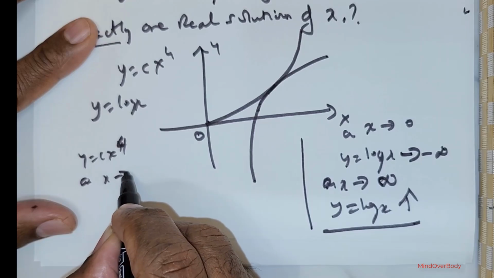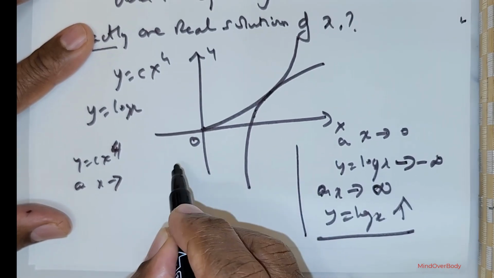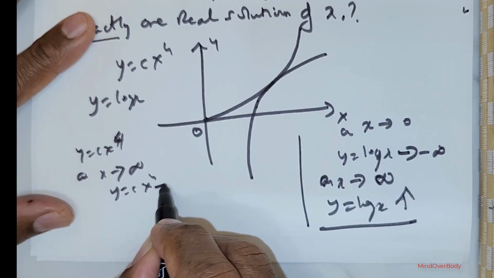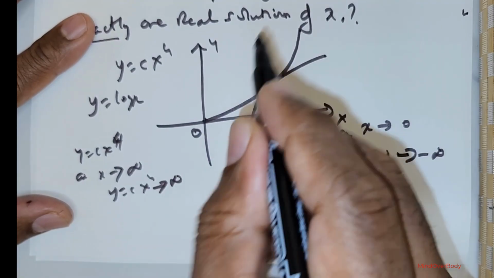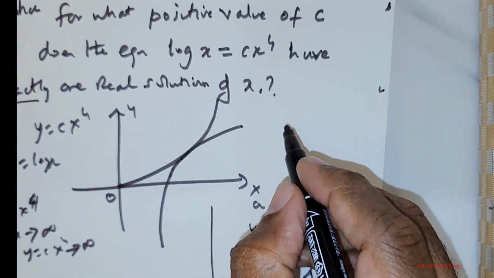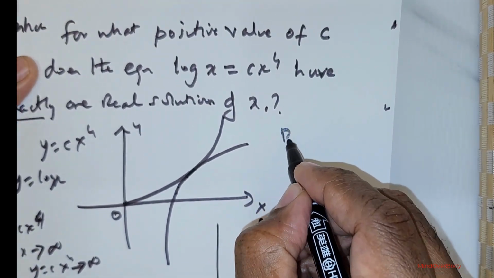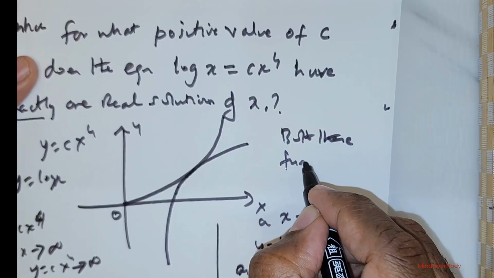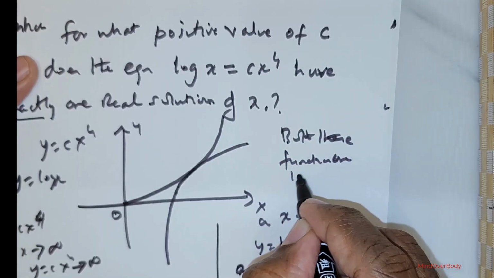As x is moving towards infinity, y is equal to c x to the power of 4 is also heading towards infinity. So both these functions are increasing.